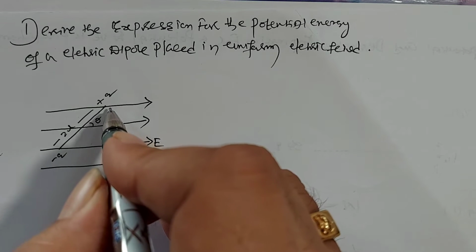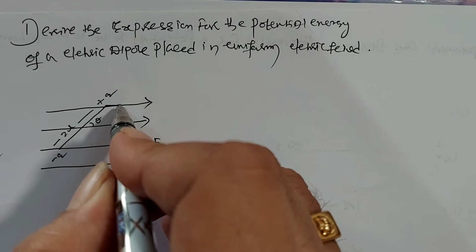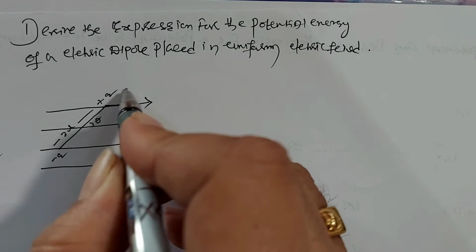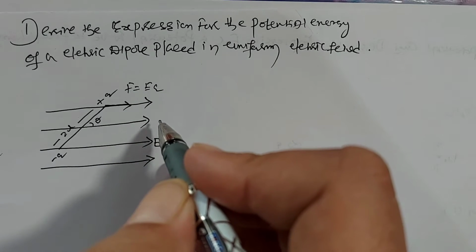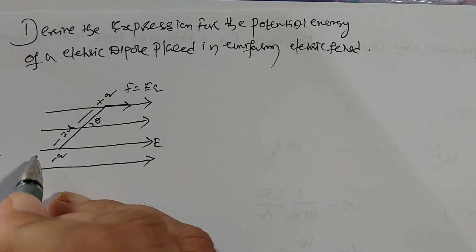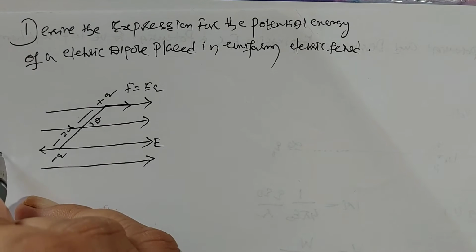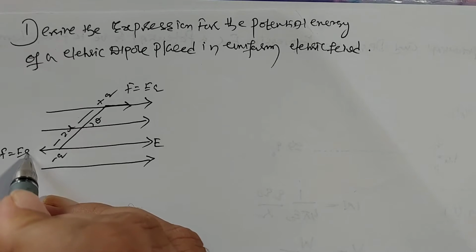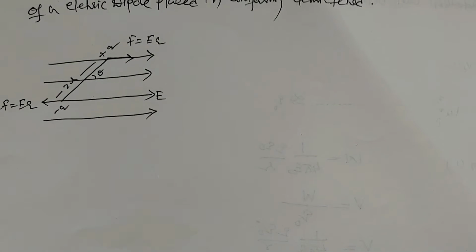There is a force acting on the positive charge along the direction of the field, that is F is equal to EQ. There is a force acting on the negative charge opposite to the direction of the electric field, F is equal to EQ, that is also EQ.